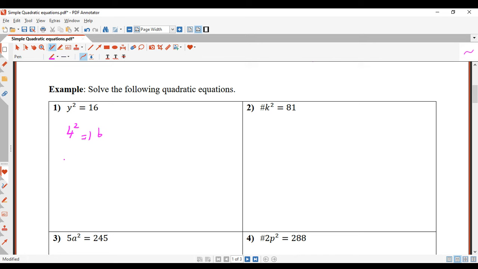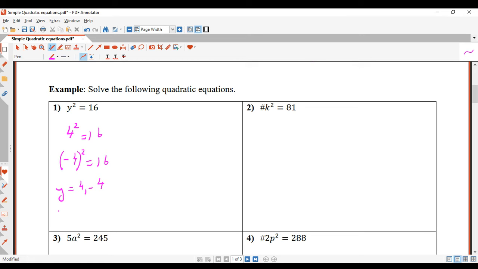And another number which when we square it to get 16 is also negative 4. So negative 4 in brackets squared is also equal to 16. So that means we can write down that y is equal to positive 4 and also negative 4. All right, so there's two answers to this quadratic equation, a positive answer and a negative answer.